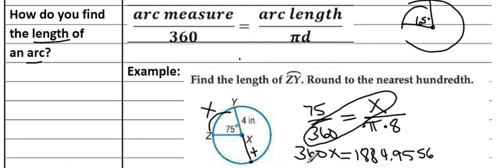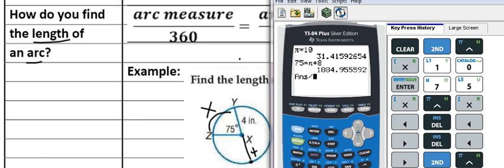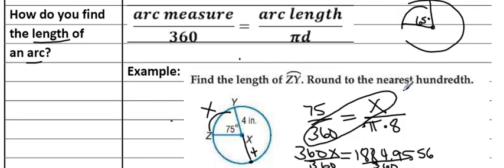And then we would just need to divide by 360. And we would get 5.24 because it said round to the nearest hundredths. So our arc length would be 5.24.